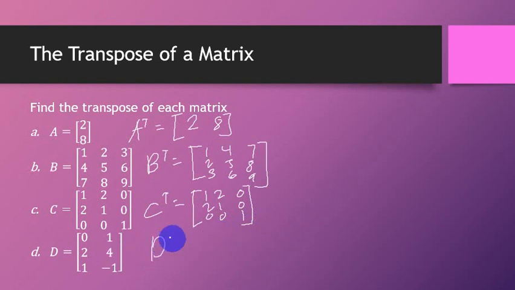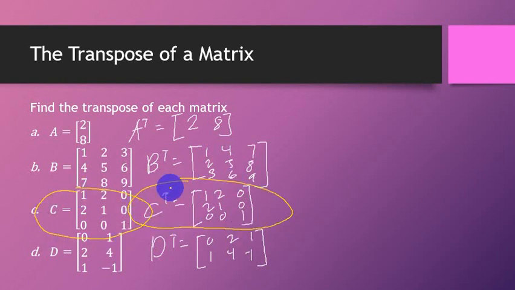While for D transpose, we're going to have 0, 2, 1, 1, 4, negative 1. Now, if you would notice, our C and our C transpose is actually just one and the same matrix.